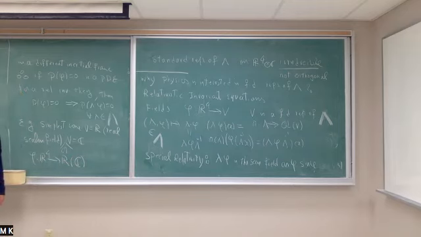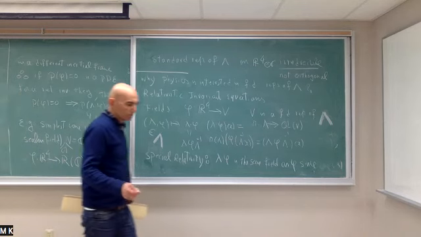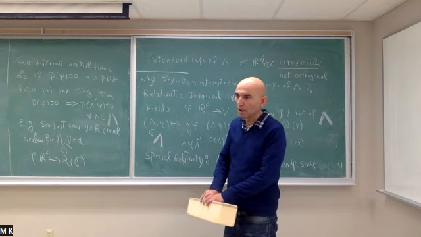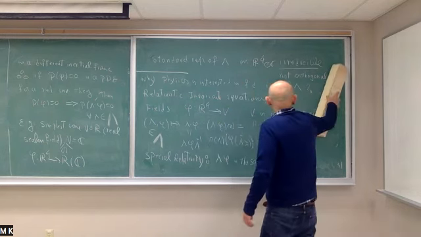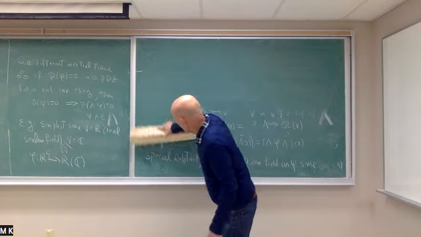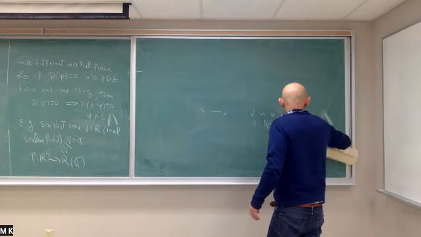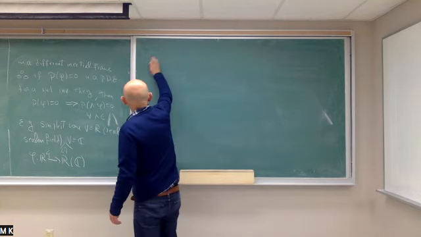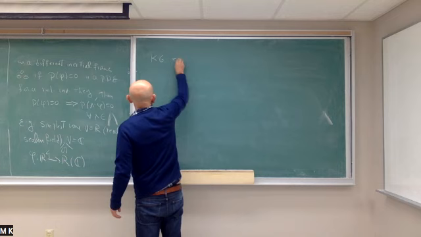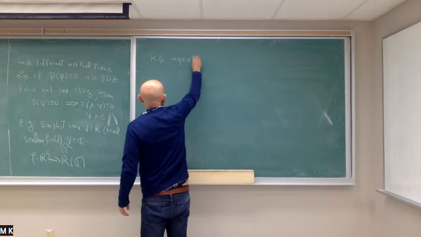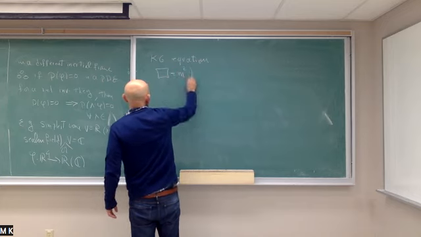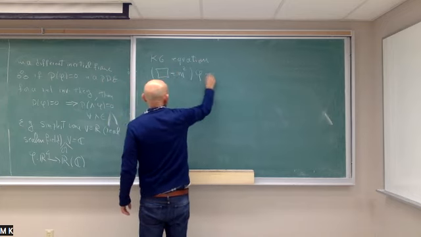Just this one. And one of the most famous, the first relativistically invariant equation is the Klein Gordon equation, which is box plus m squared of phi equal to 0.